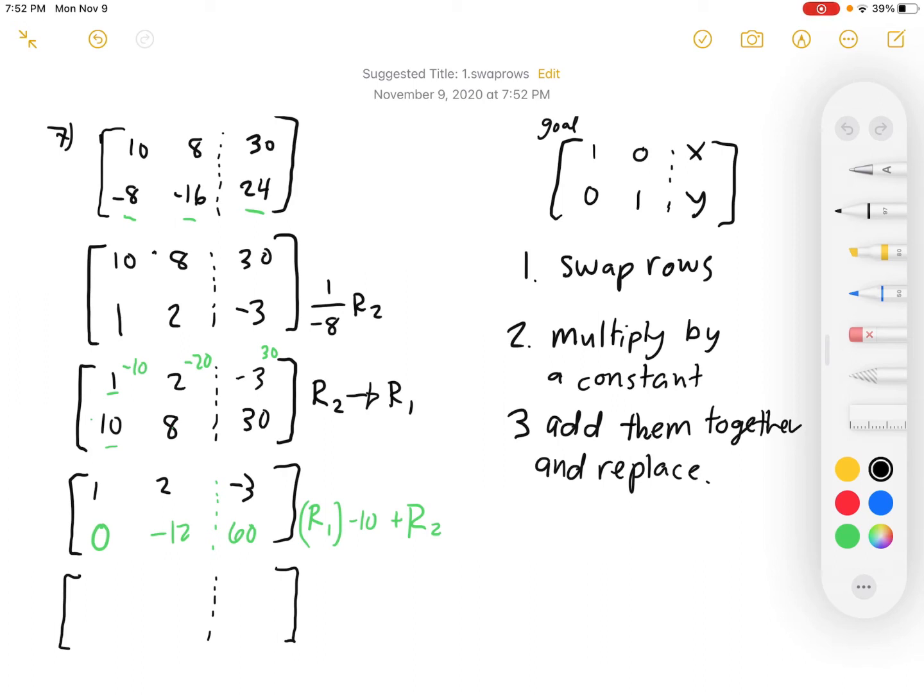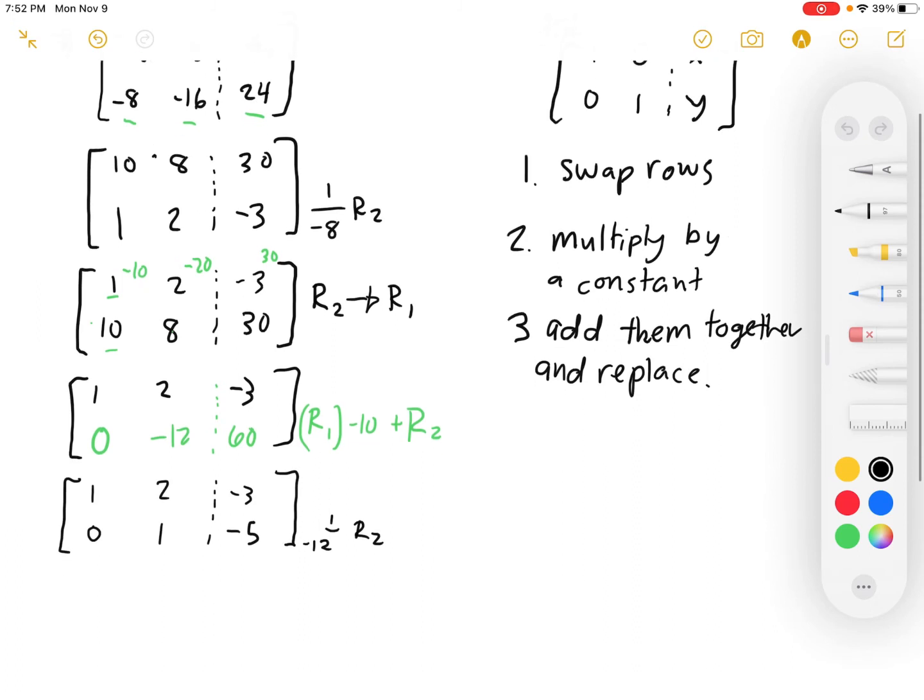So let's do it. Let's take 1/12 negative of R2. The top stays the same. We get 0, 1. 60 divided by negative 12 would be negative 5. Okay.